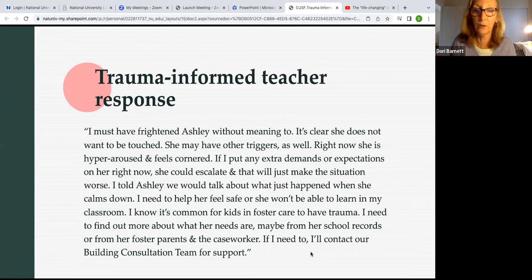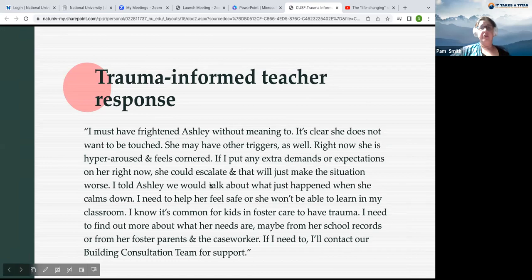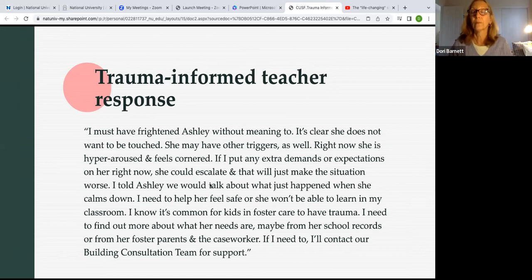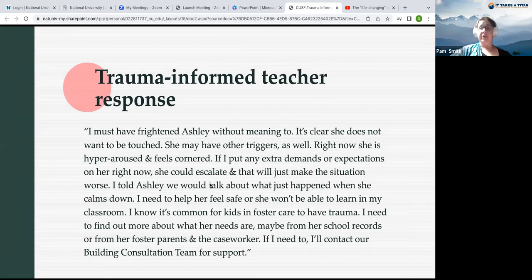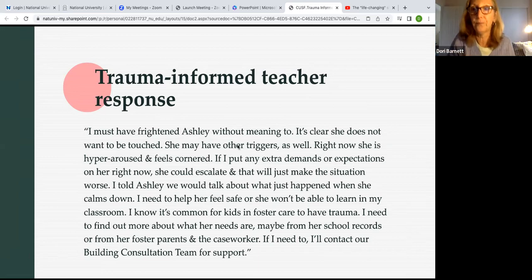What's her background? What's going on here? Very proactive. Thank you. Great job. And realizing that she has other triggers too, and so to approach her in a different manner than just any other child. Maybe asking her, would you like a hug? Or what are you comfortable with?